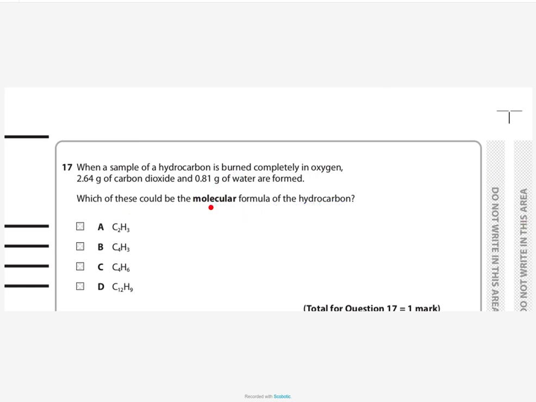Now carbon dioxide, 12 grams of carbon is in 44 grams of carbon dioxide, right? So that means 44 grams of carbon dioxide contains 12 grams of carbon. Got it? Therefore, we can find how much carbon 2.64 grams of carbon dioxide contains: 12 over 44 times 2.64.